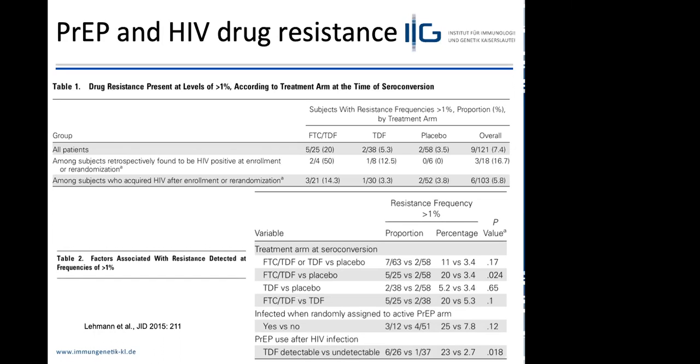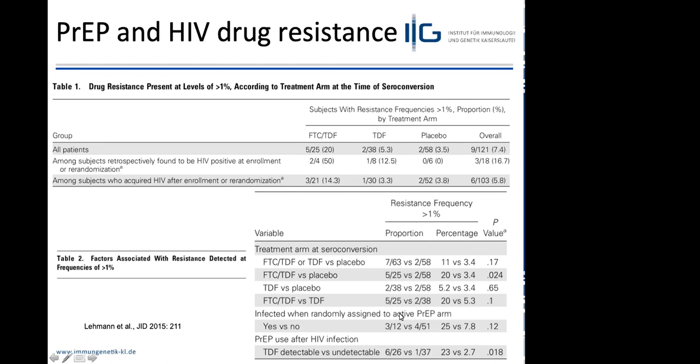We have a population of high-risk patients with high-risk behavior, and in these patients, we really have to be sure that they don't have acute HIV infection, because starting PrEP during acute HIV infection is the surest way to select for HIV drug resistance viruses.